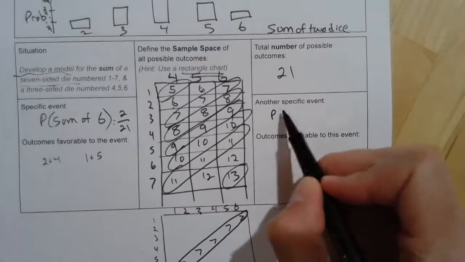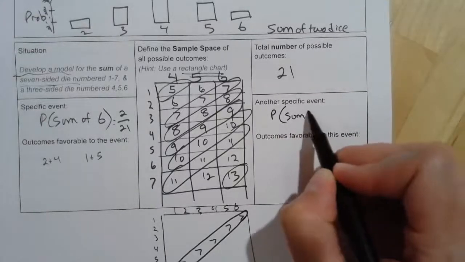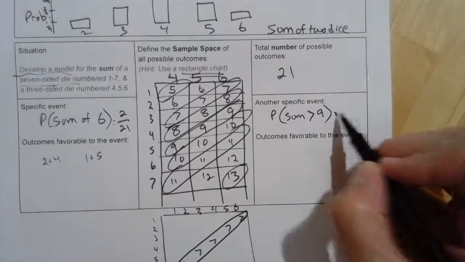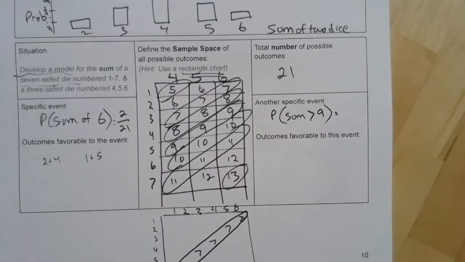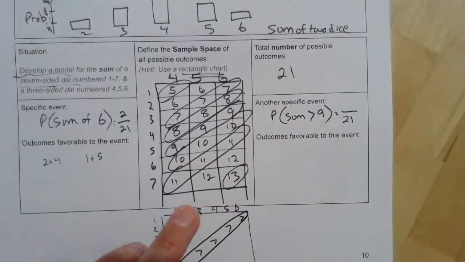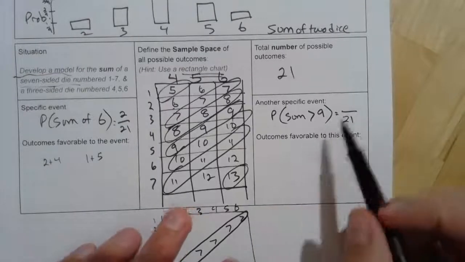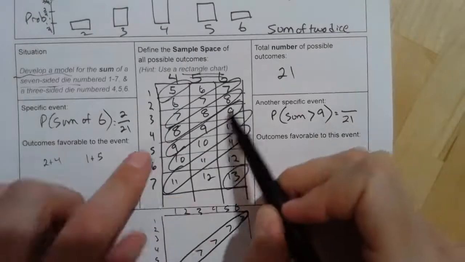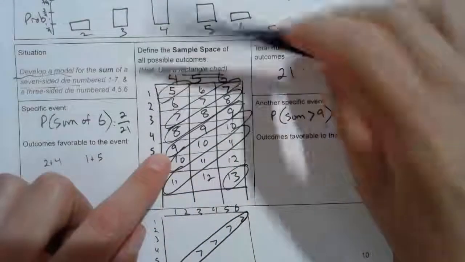Another specific event could be the probability of a sum that's greater than 9. So why don't you go ahead and try to fill that out yourself and pause really quick. All right, so there's 21 total possible outcomes. That goes in our denominator. And how many sums are greater than 9? Notice this is not greater than or equal to. So the 9s don't count, nor do any of these numbers up here.